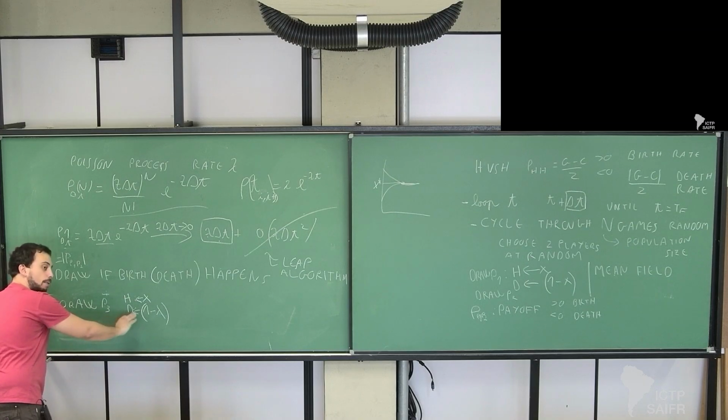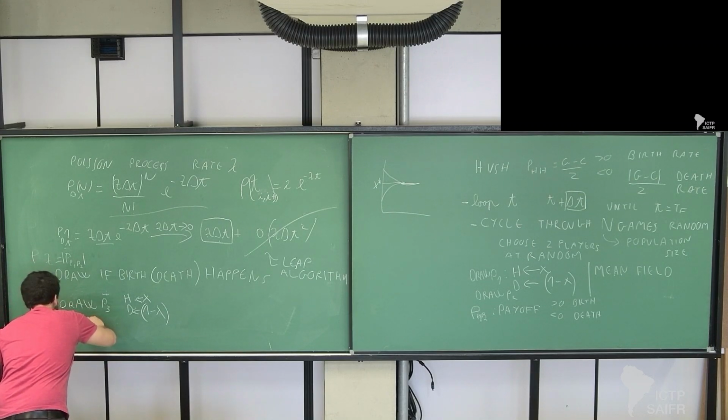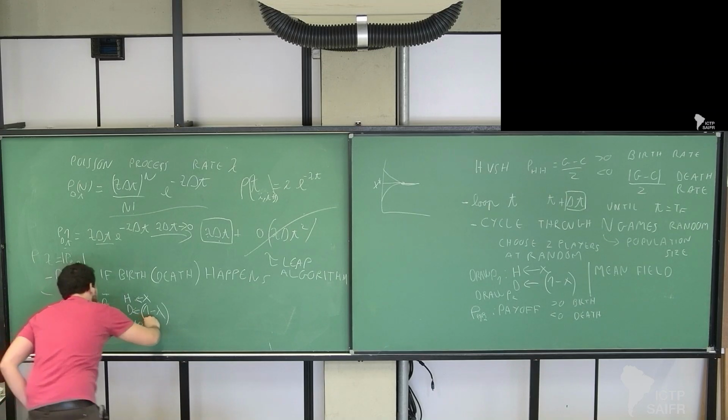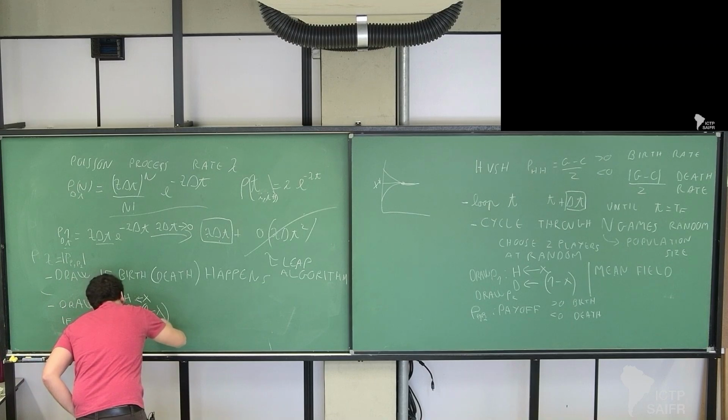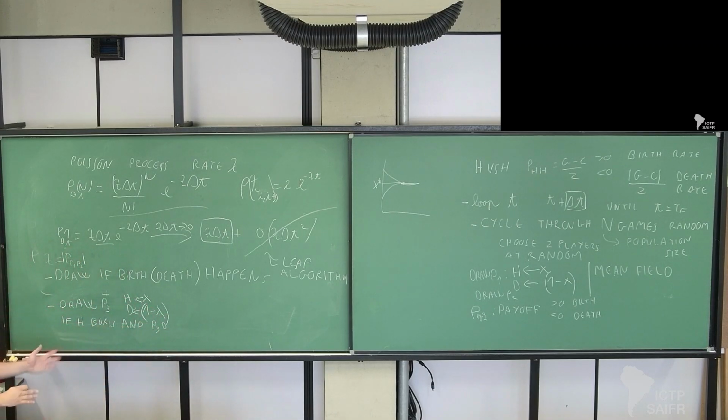So you draw P3. Therefore, if player 1 is a hawk and it's born, and P3 is a dove, because if P3 is a hawk, nothing changes, because you replace a hawk with a hawk either way, whether it's born or it's dying.